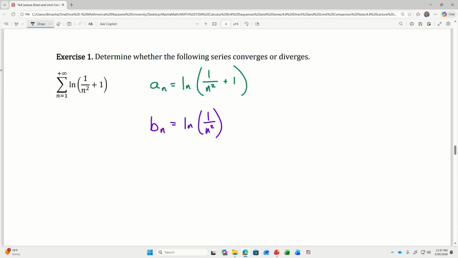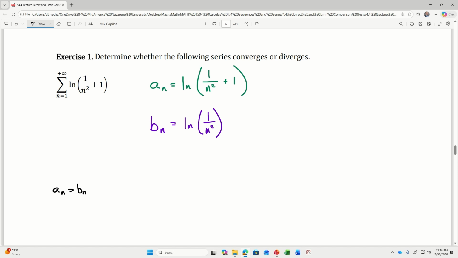I think an will be greater than bn. Yeah. So the natural log function is a strictly increasing function. And so if I have a larger argument in the natural log, it's going to end up being a larger natural log. So we know that an is going to be greater than bn.